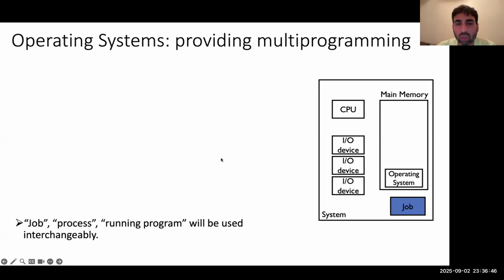Now let's consider the situation where we want to run multiple programs on the same machine. We have talked about needing multiple cores or multiple processors to run multiple programs or processes. By the way, in this slide, job, process, and running program will be used interchangeably; all of them mean the same thing.